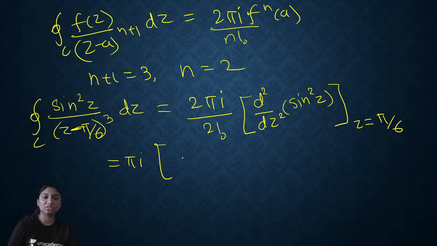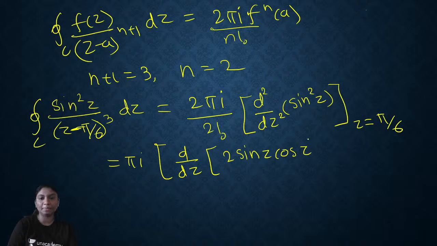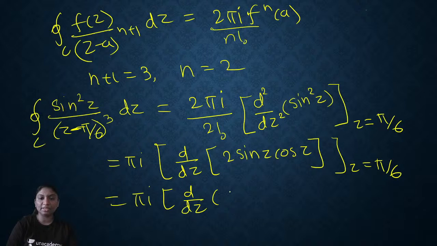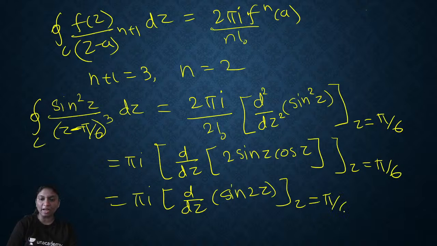Now first we find the first derivative, that is 2 sin z cos z, at z equal to pi by 6. So d by dz of 2 sin z cos z, that is d by dz of sin 2z.